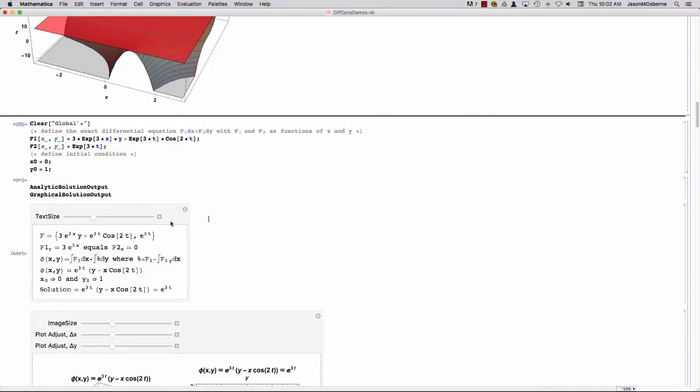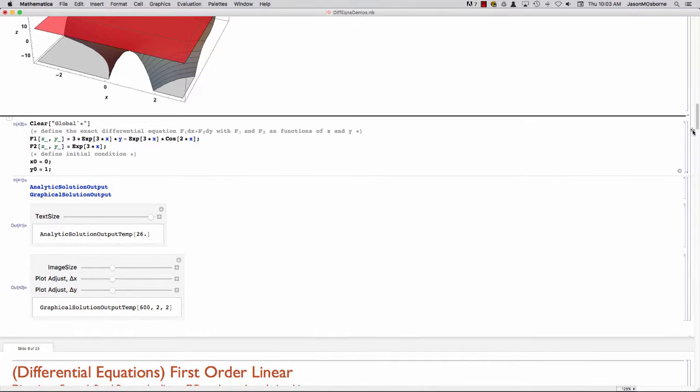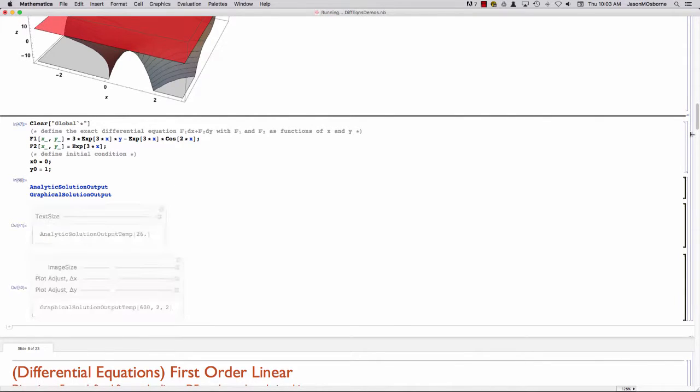Okay, let me show you what happens. Let me make this a little bit bigger. So now we can see, oh, sorry, my t's need to be x's. For this code, the function needs to be functions of x, not t, x and y, not t. Okay, I will rerun this code.